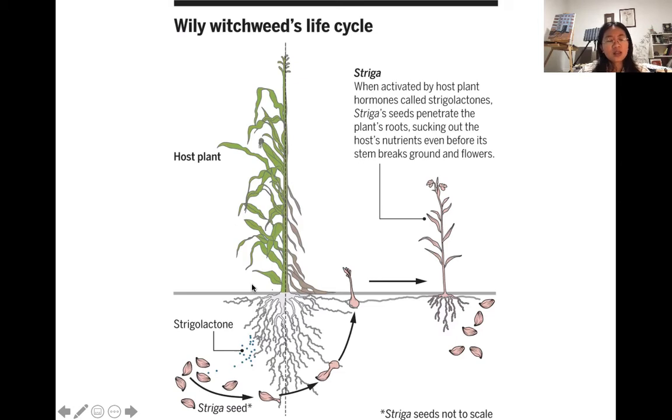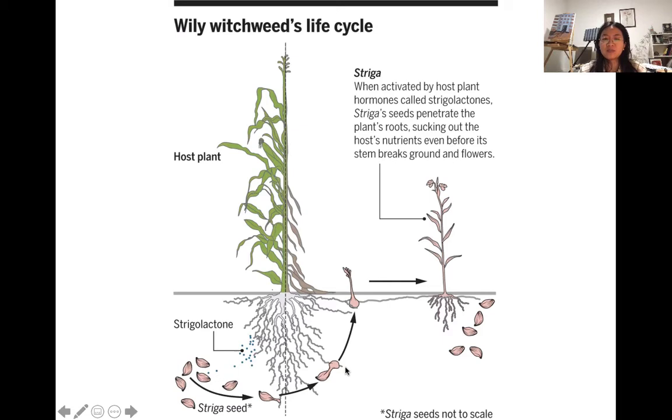A lot of plants, including corn, will release a hormone called strigolactone to attract mycorrhizal symbionts, basically fungi and other beneficial microorganisms, to the rooting areas. What Striga does is recognize this chemical cue and use it as a way to physically locate the root of the host.